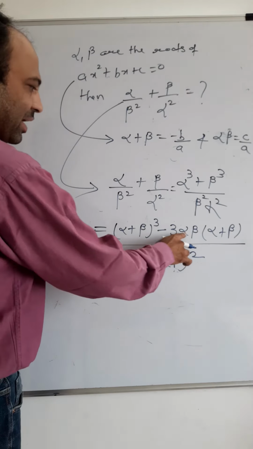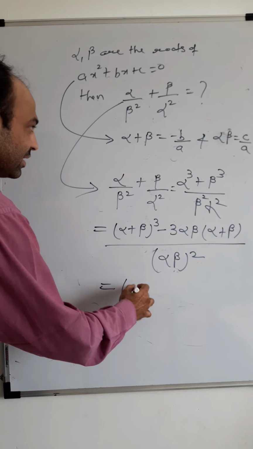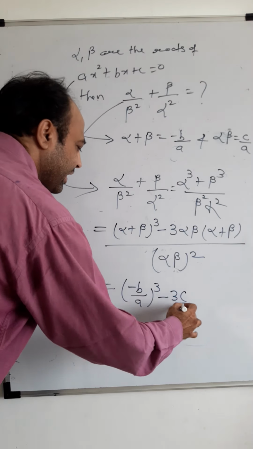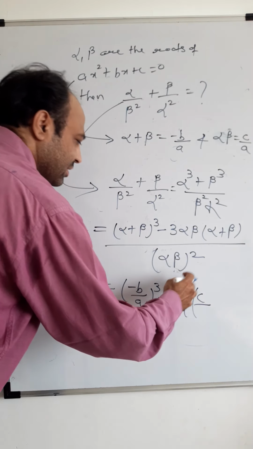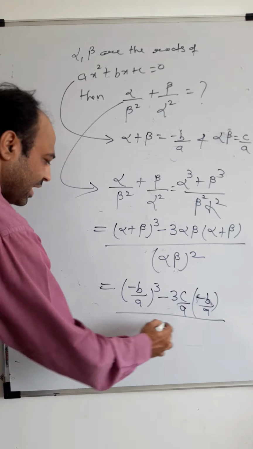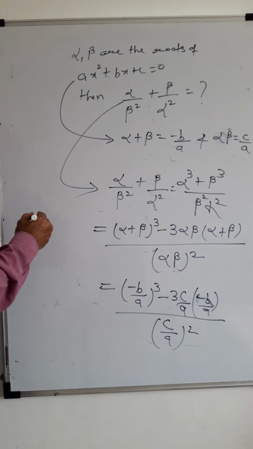Now see, some products came and we have those values. Substitute this. So minus b by a cube, minus 3c by a into minus b by a, and the denominator is c by a whole square. Now we'll simplify this.